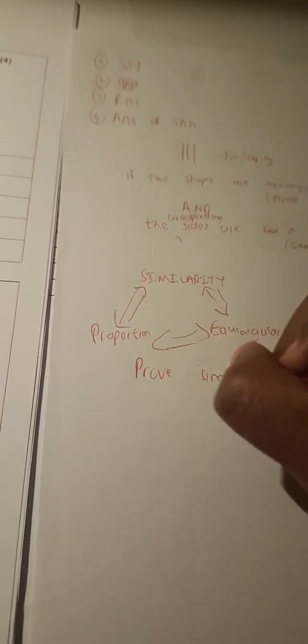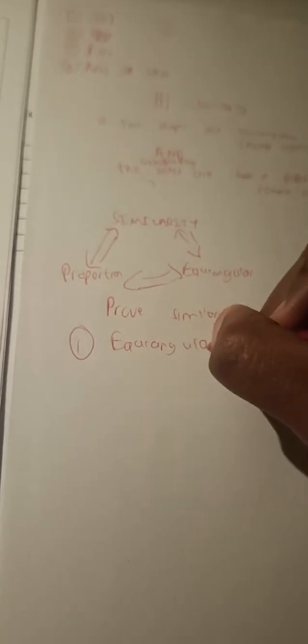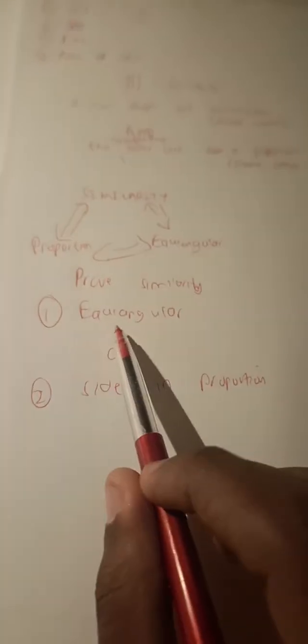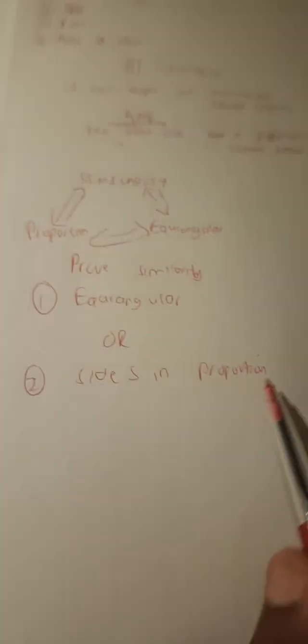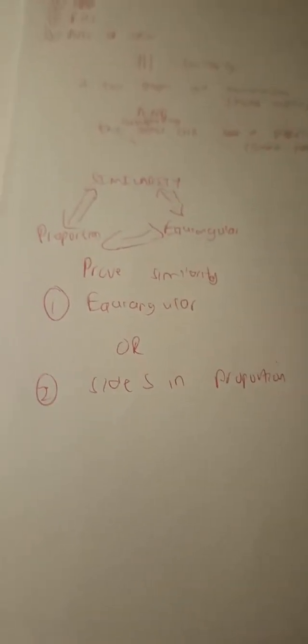So if you want to prove similarity, there are two ways in which you can do it. You can either prove equiangular or you can prove sides in proportion. But we must always check the information that we have.